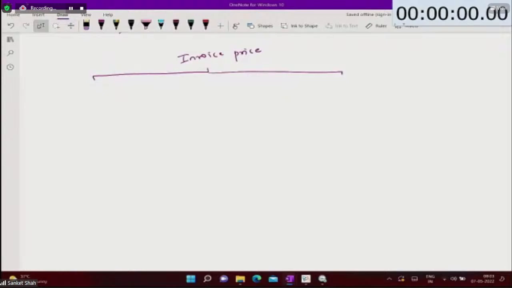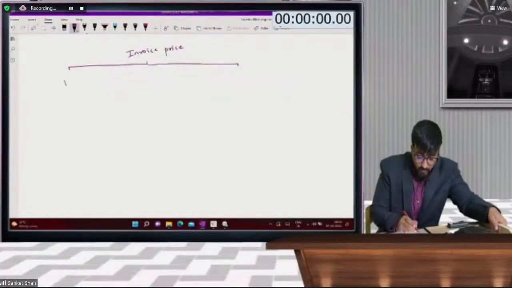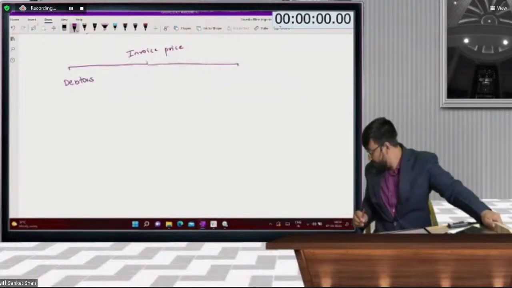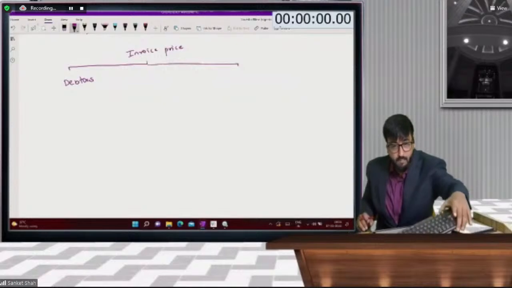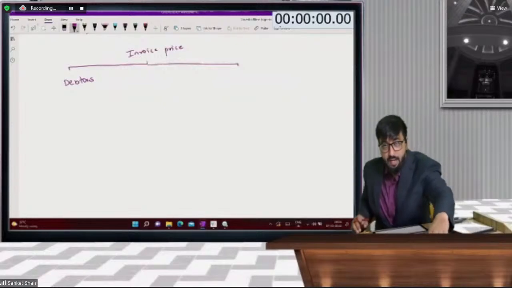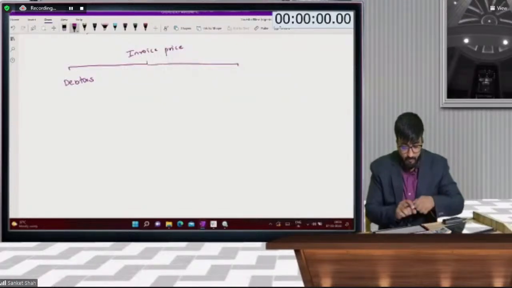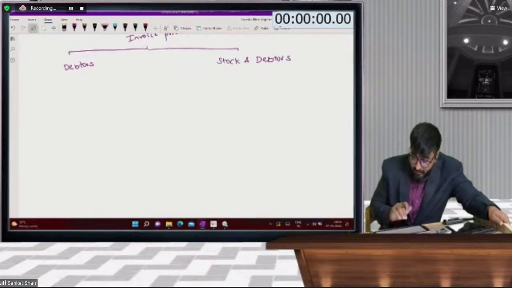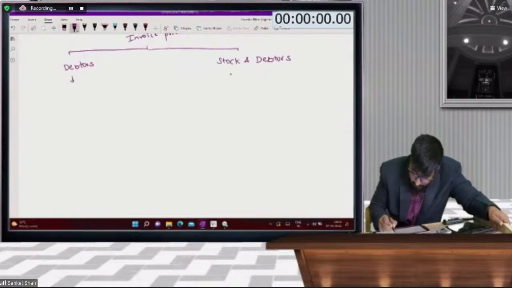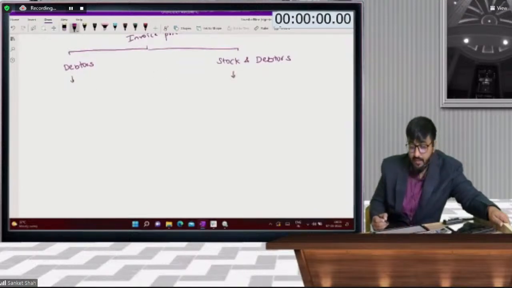Debtors method and stock and debtors method. Understand?